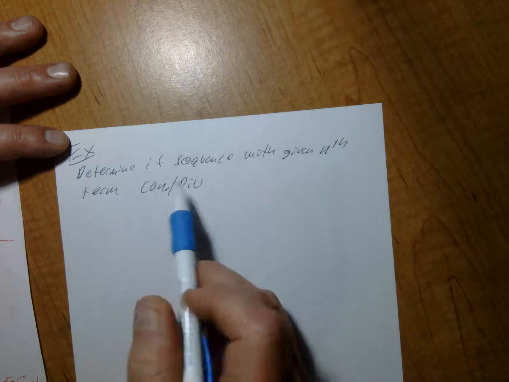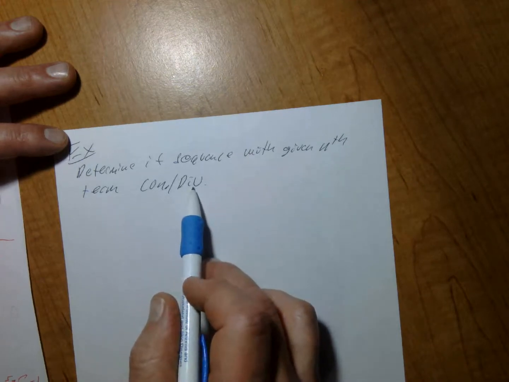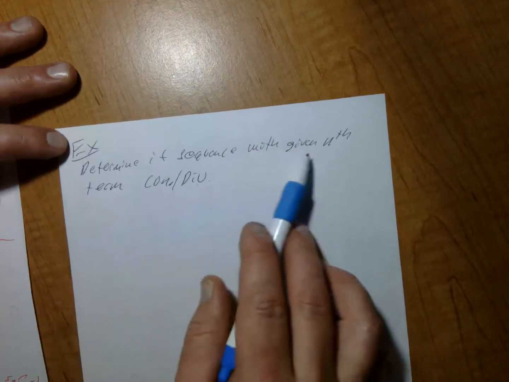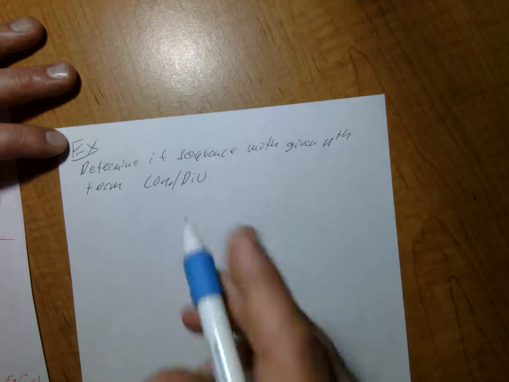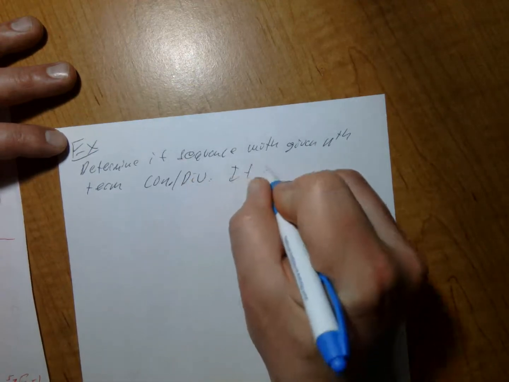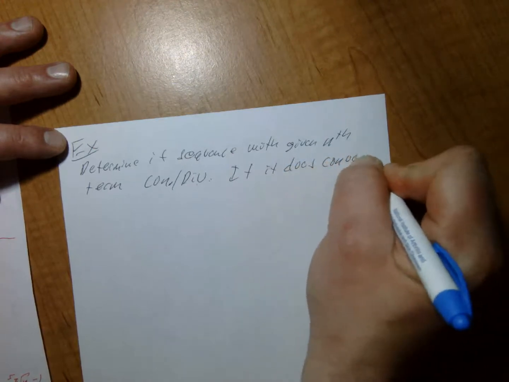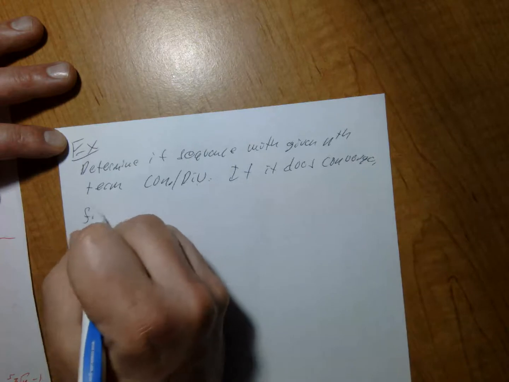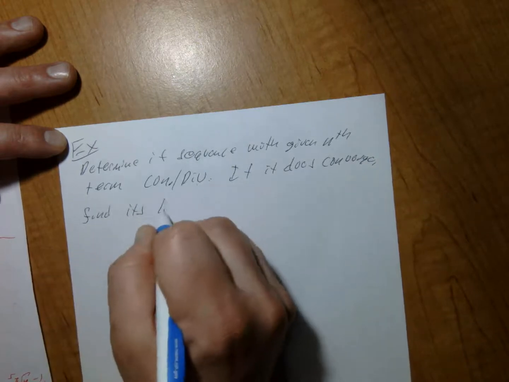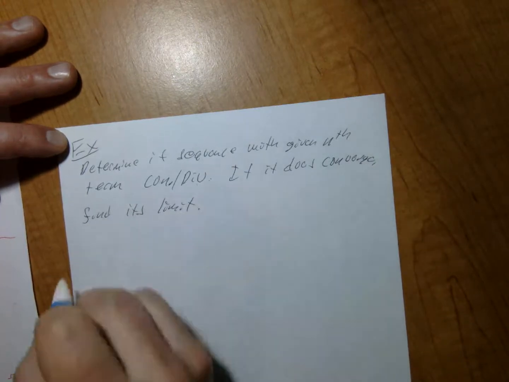Converging meaning getting closer to a number, diverging meaning not getting closer to a number. So determine whether the sequence with the given nth term converges or diverges, and if it does converge, find its limit.